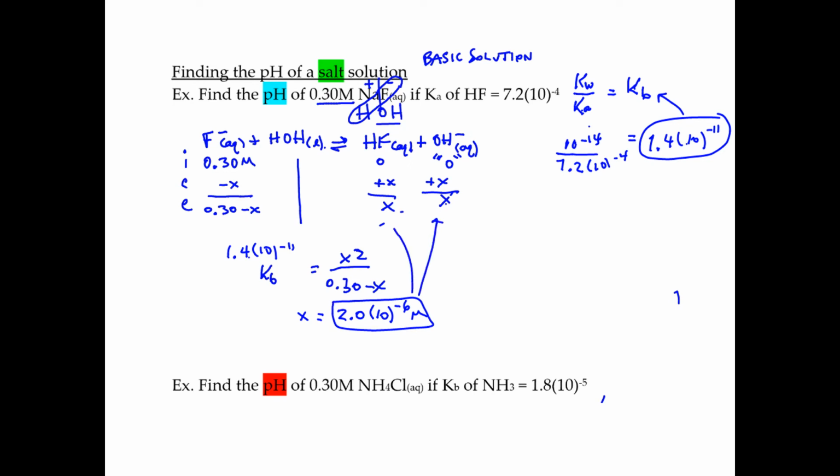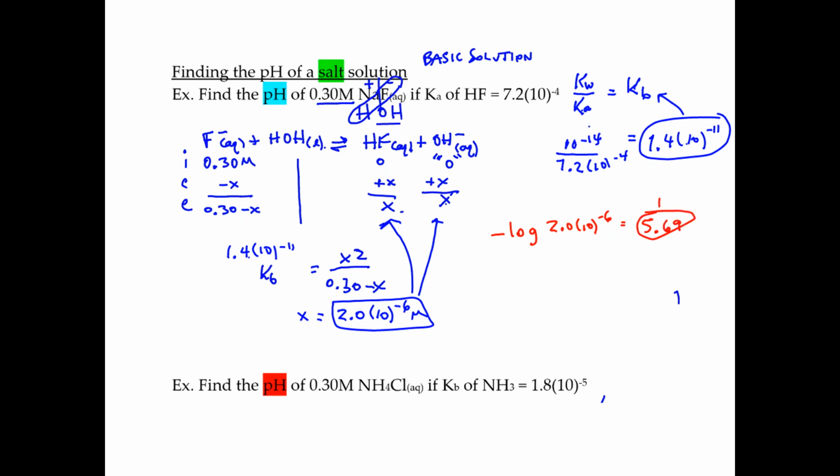Of course, it's the concentration of the HF as well, but we only really care about the OH− to get the pH from that indirectly. So the negative log of the 2.0 times 10 to the minus 6th is going to equal the pOH, which is 5.69.